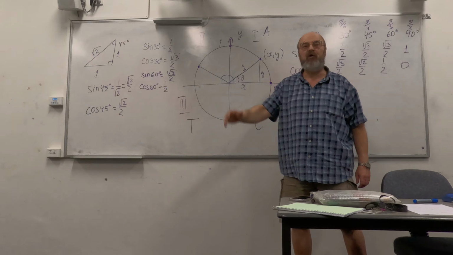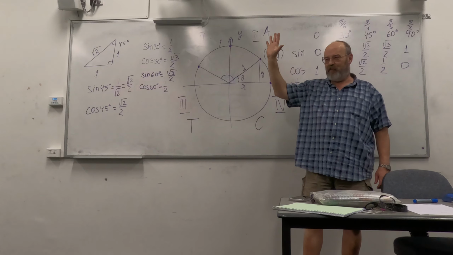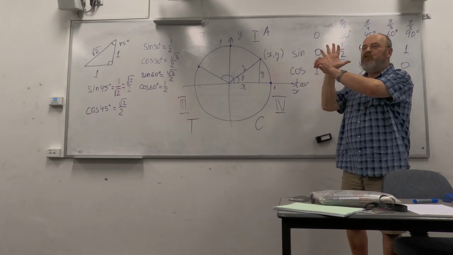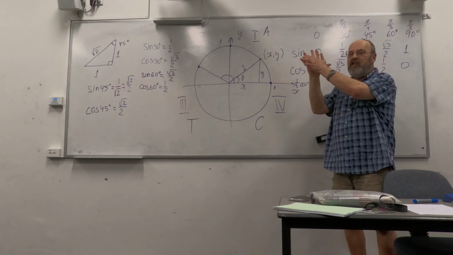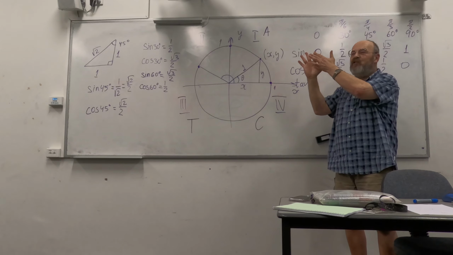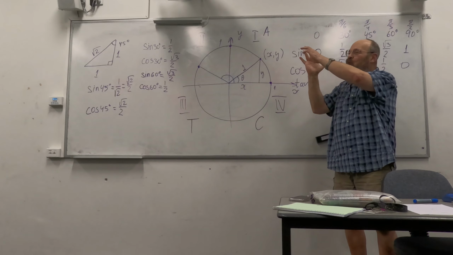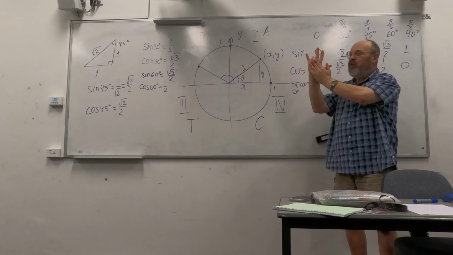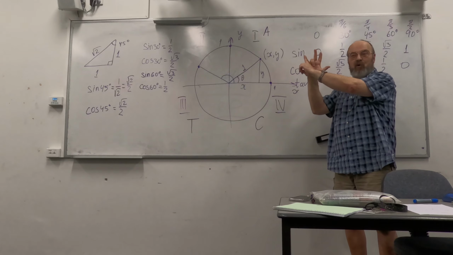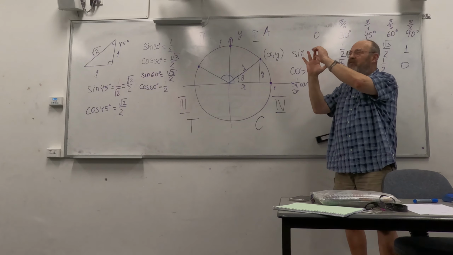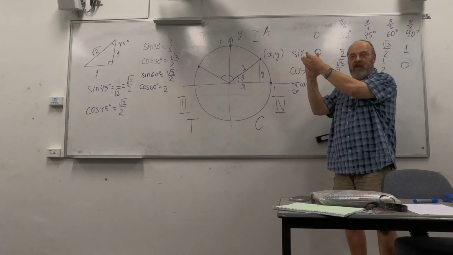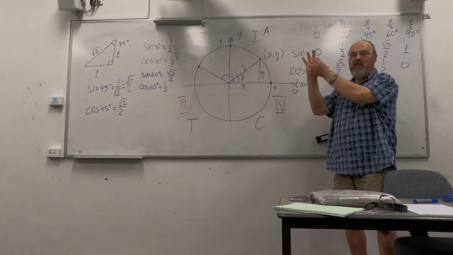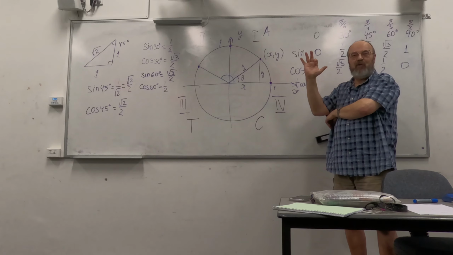Second way to memorize: using your fingers. This is 0 degrees, 30 degrees, 45, 60, 90. So sine 30 degrees, we have 1 finger, and it's always over 2. 45 degrees, we have 2 fingers: root 2 on 2. 60 degrees, we have 3 fingers: root 3 on 2.